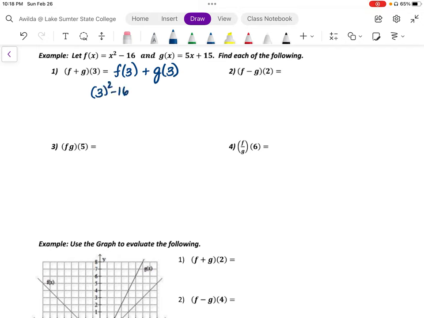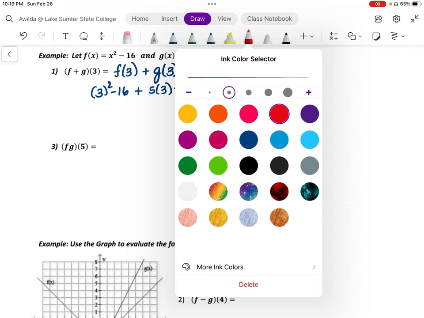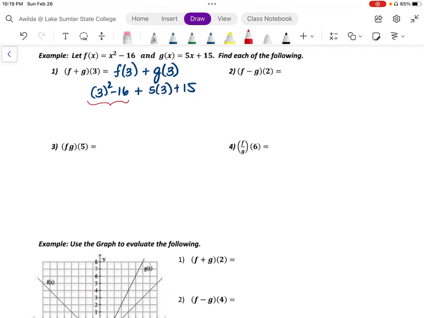That's what f(3) stands for. Now we're going to add that to g(3), which would be 5 · 3 + 15. Notice here that this first quantity is f(3), and this second quantity is g(3). So we're essentially substituting the value 3 into both function rules and then adding those together.